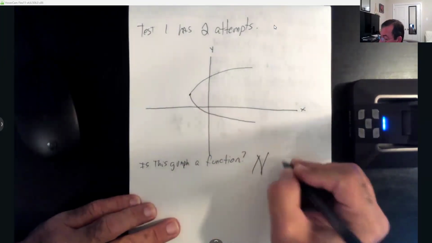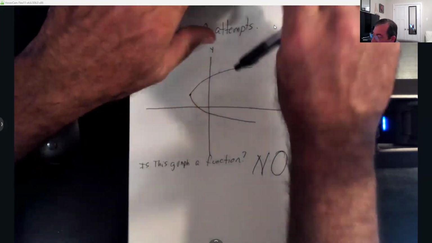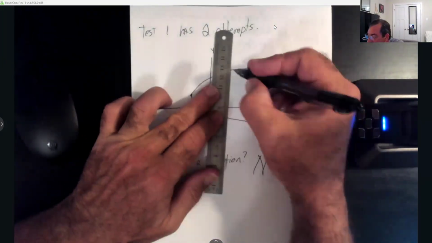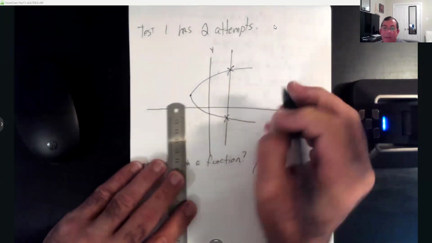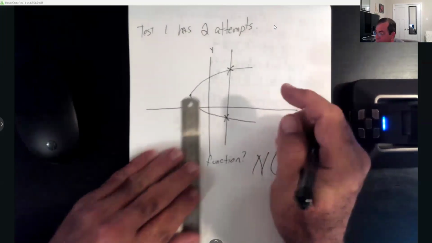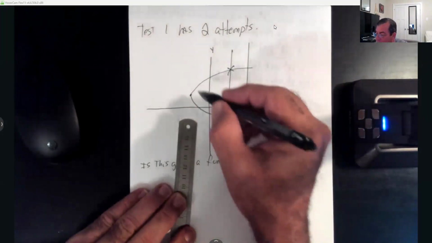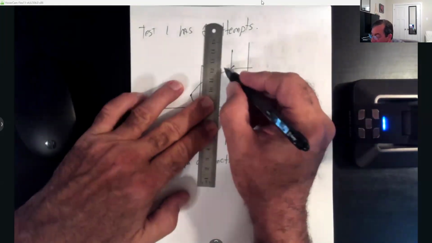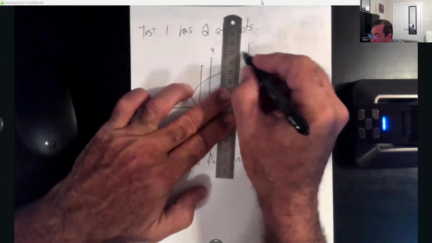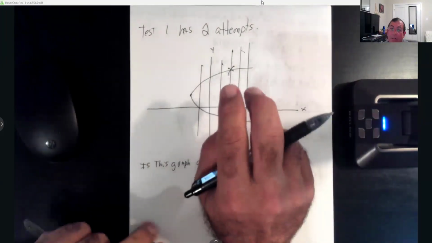No, this is not the graph of a function, because remember, if you draw vertical lines, it intersects it more than once. That means this is not a function. Anywhere you draw, other than that one point, all these vertical lines are intersecting this thing twice almost everywhere.